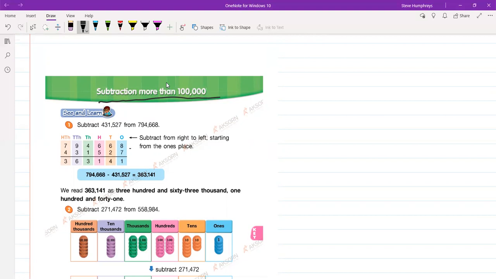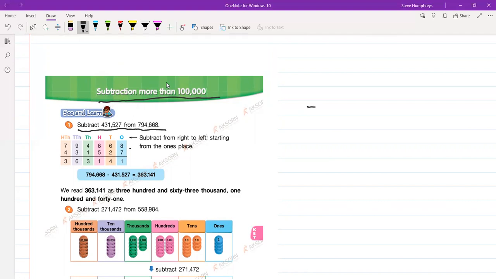The more practice you get, the more proficient you will be with these addition and subtraction. It says subtract 431,527 from 794,668. Okay, let's see if we can do that.